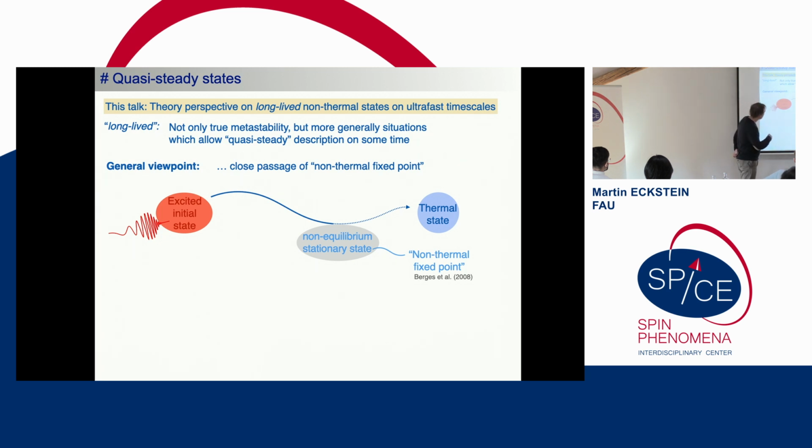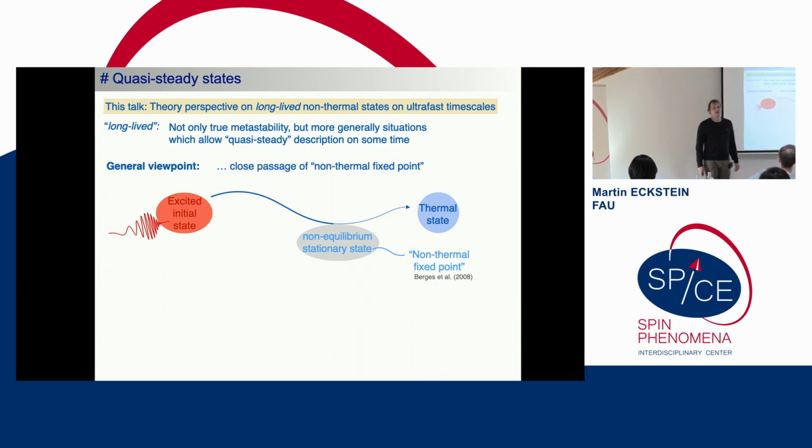And this situation, that you have a close passage to such a state, this hypothetical really stationary state, has been called a non-thermal fixed point of the dynamics. So let me also be explicit: what I'm discussing is all states during the relaxation. They're no longer driven while they relax. And a completely different and interesting question would be, of course, whether you can reach stationary states while you drive them, such as Floquet states and so on.